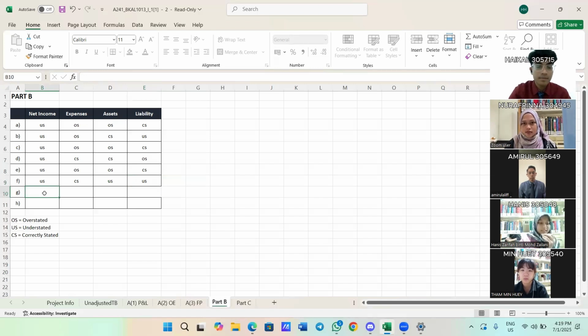For the net income, it's understated. Expenses correctly stated. Assets understated. And liability correctly stated. Okay, thank you, Hanis.